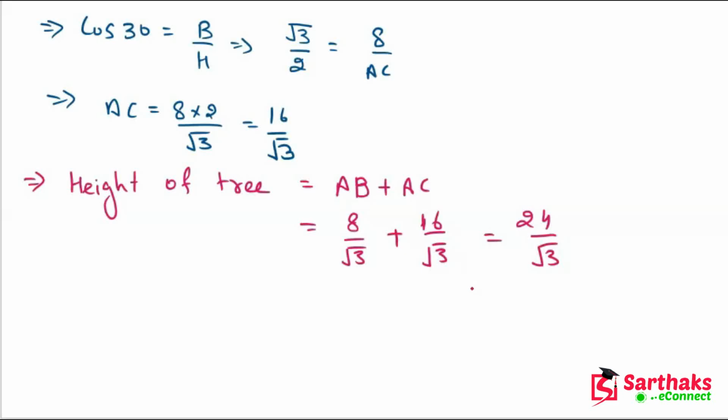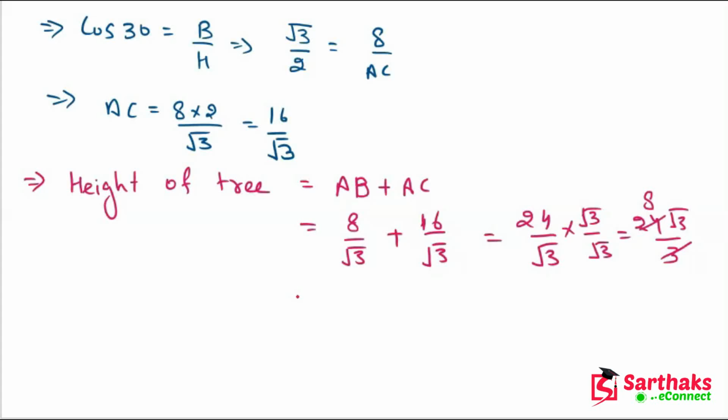Okay, my dear friends, now this is a valid answer. Now we are solving it further. If we multiply by 3 in numerator and denominator, we get 24 root 3 upon 3, and this will go to 8 times.